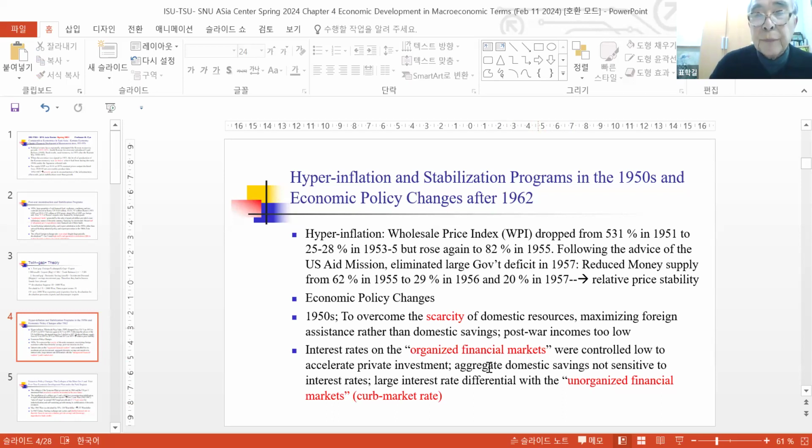Official state banks were saying you are not entitled to our loans, so go to the unorganized curb market and borrow from there. Of course, it could be 20%, 30% interest rate, while the organized financial market is 5%, 2%, 10%. So this dual financial market was the characteristic.